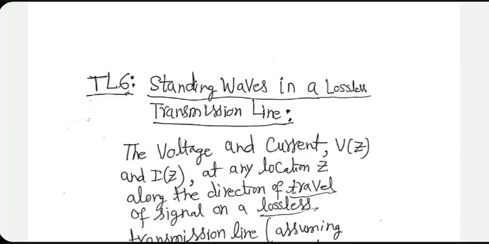These maxima and minima are periodic and they are stationary in the sense that they don't change much with time. That is why the word standing waves has been brought in to describe them.